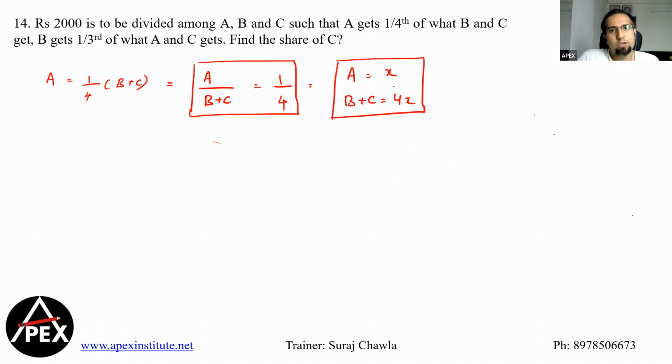Great. Or in short, can I also say that A plus B plus C is equal to 5X? So my last question is, can I say that A is equal to 1 by 5 of total?